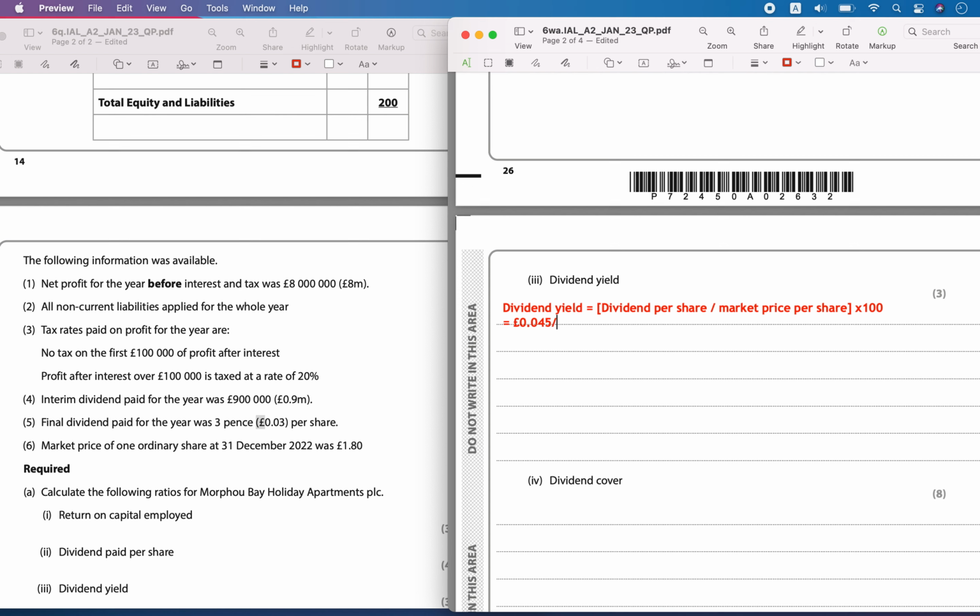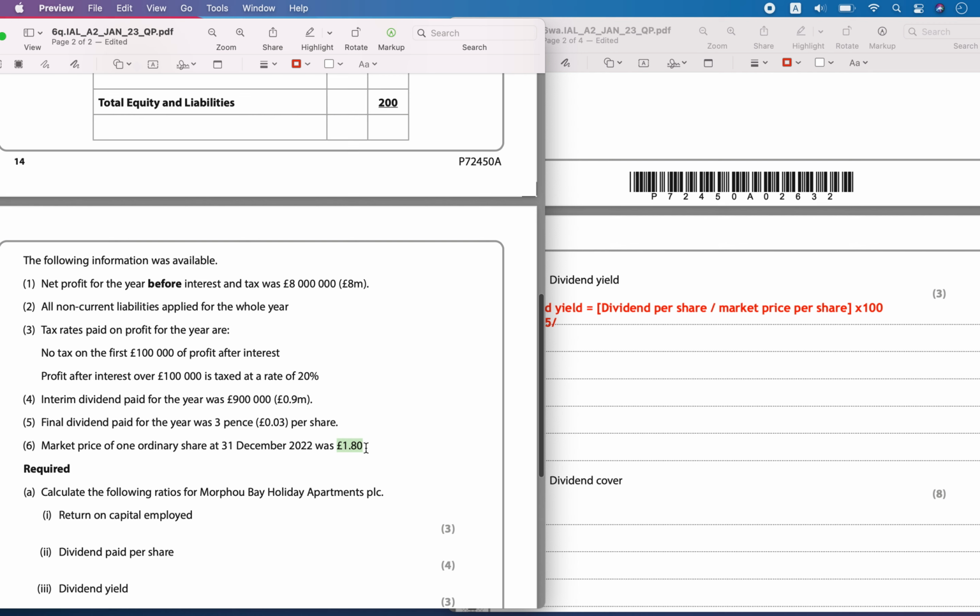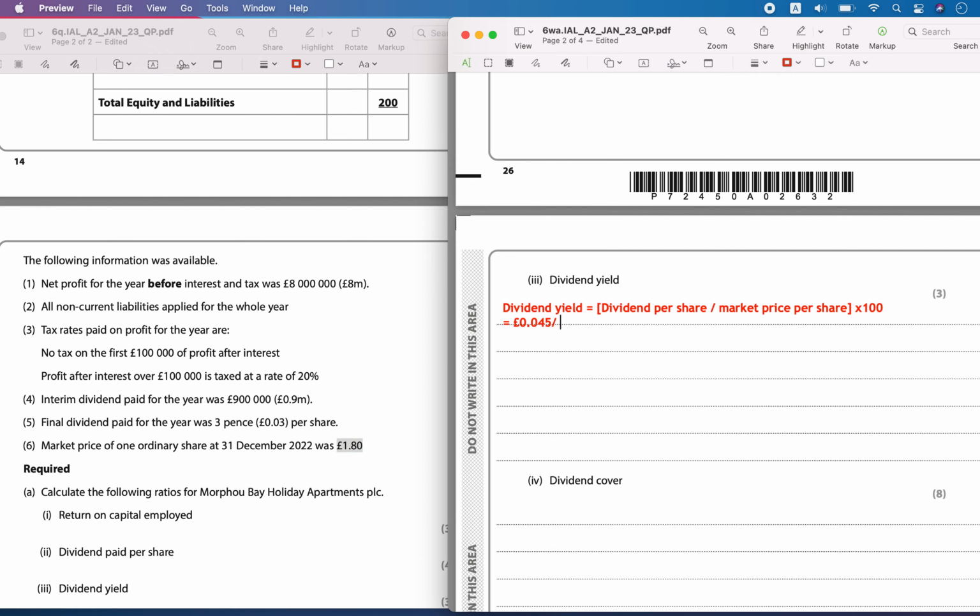That is the dividend per share divided by the market price of 1.8 pounds, times 100. So that is equal to 2.5 percent. So the dividend yield is around 2.5 percent.